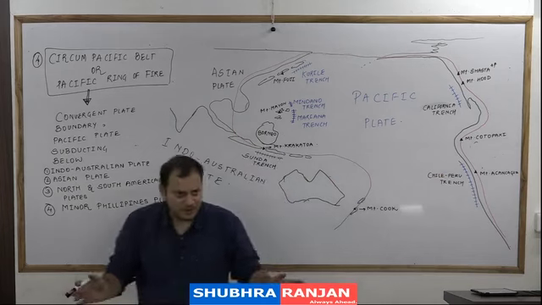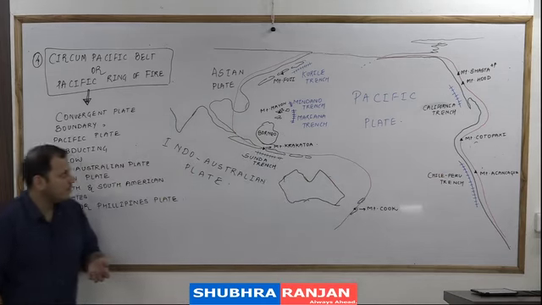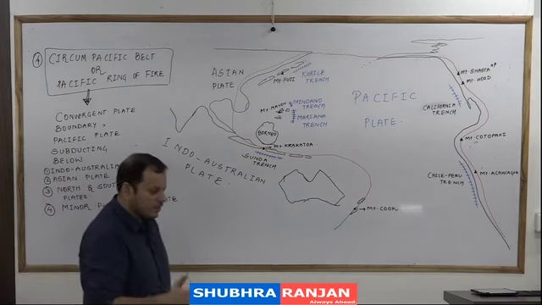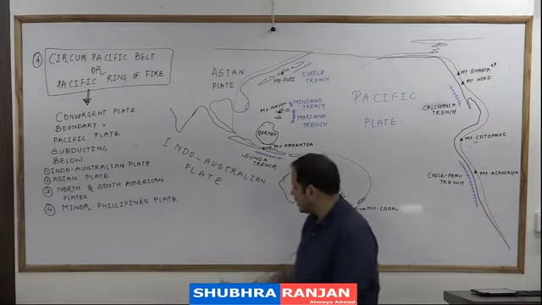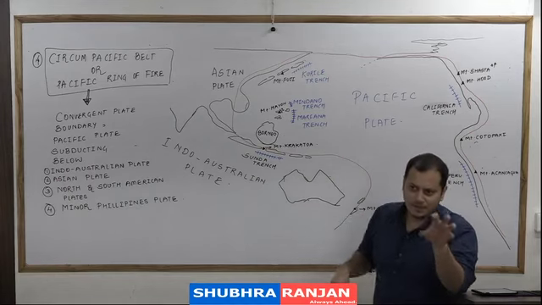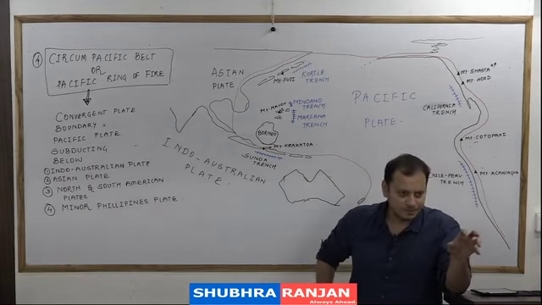Because of continuous volcanic eruptions. And why volcanic eruptions? Why earthquakes? Why fold mountains? It is surrounded by fold mountains. It is because it is an example of a convergent plate boundary.